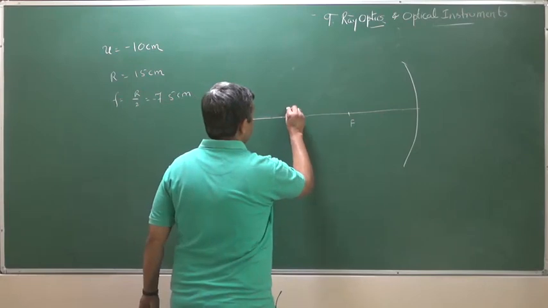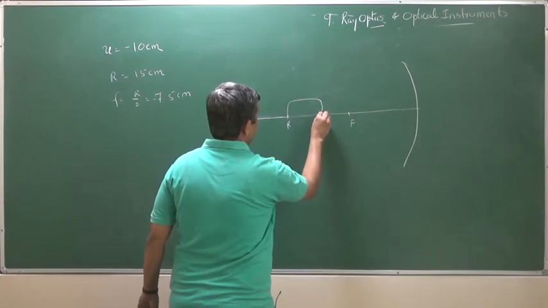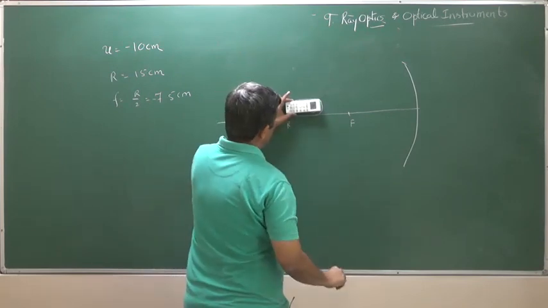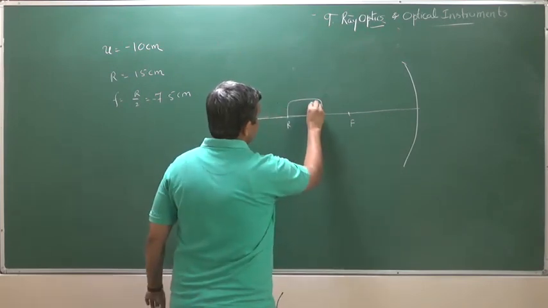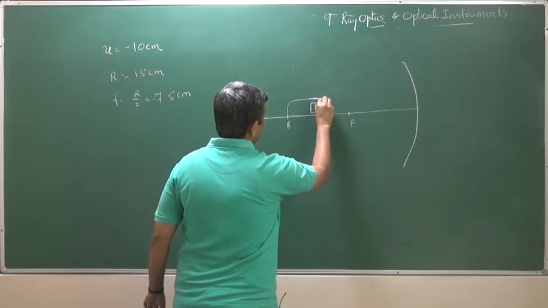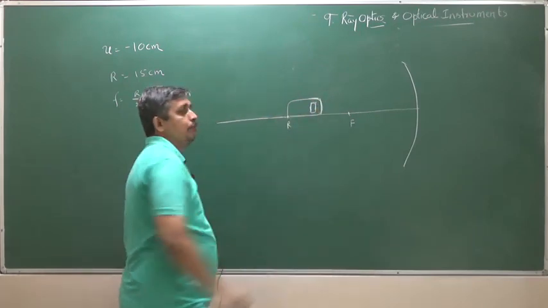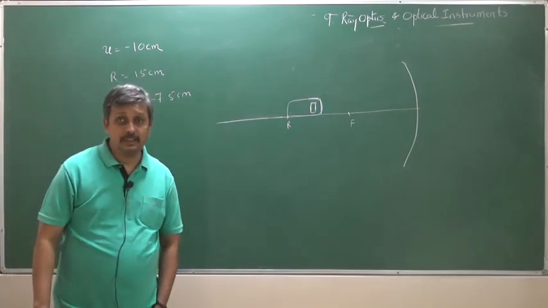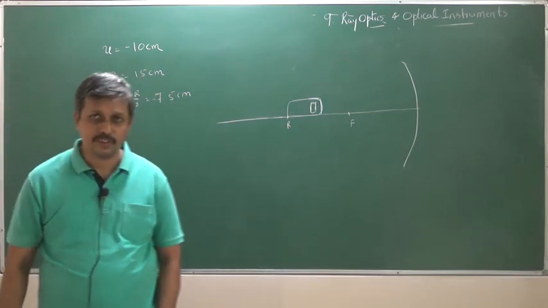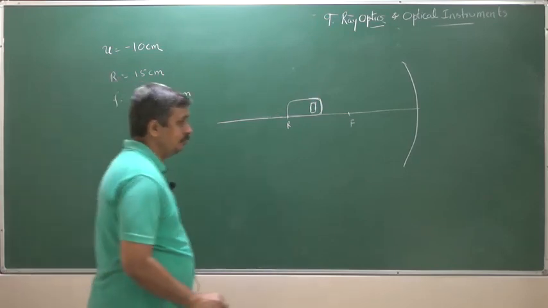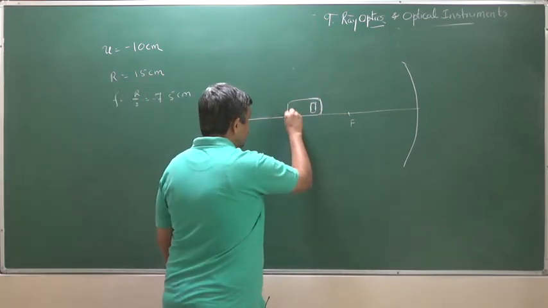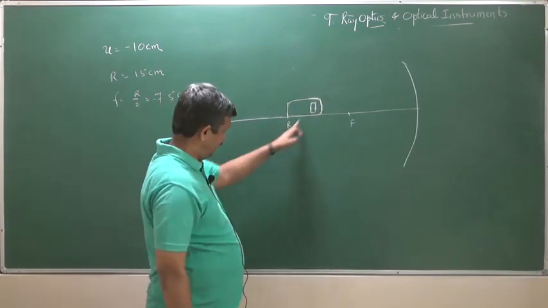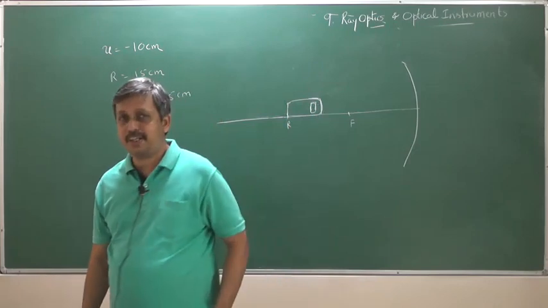What will be the image? Let's just make an image and see how it looks. I will take this part and this part as two lines, and see where those two lines appear in the image.